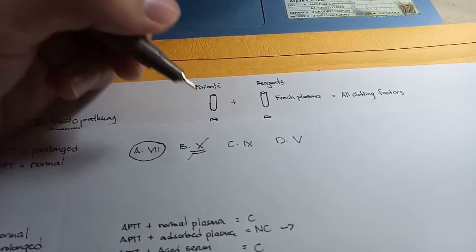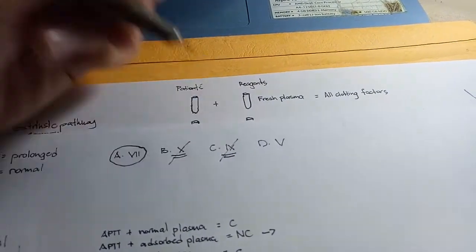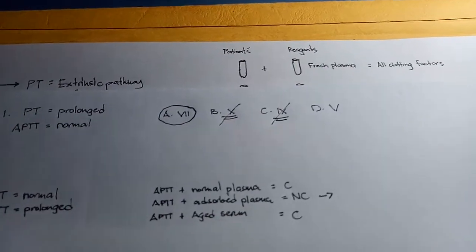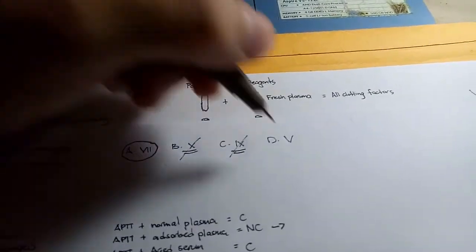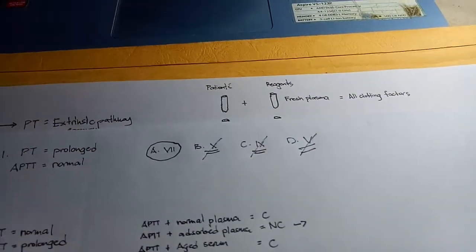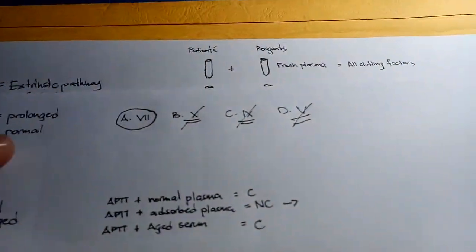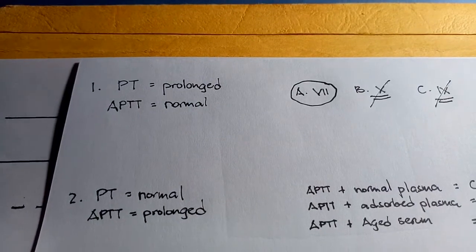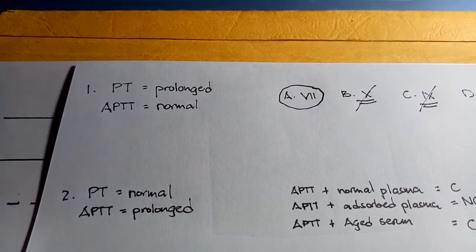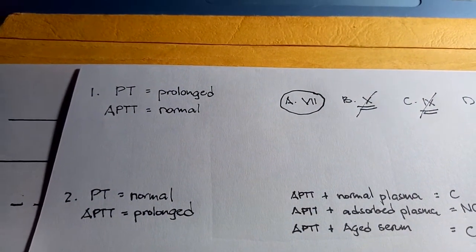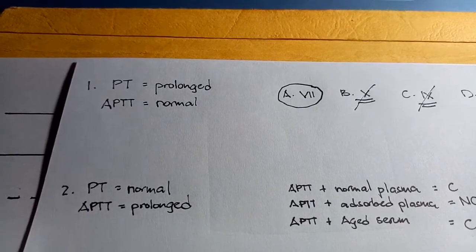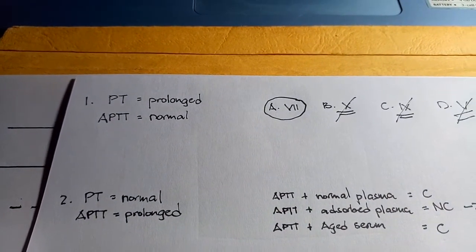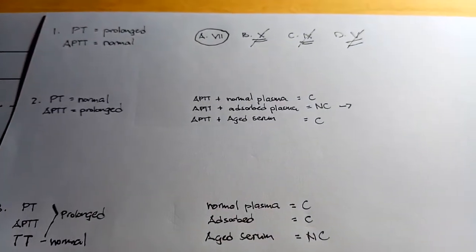Hindi rin pwede ang factor 9. Factor 9 belongs to the intrinsic pathway, di ba? And, factor 5, hindi pwede si factor 5 kasi nasa common pathway din siya. Remember, kung titignan mo yung given sa number 1, ang missing factor natin, makikita na natin agad na nasa extrinsic pathway siya. Okay? So, next, number 2.